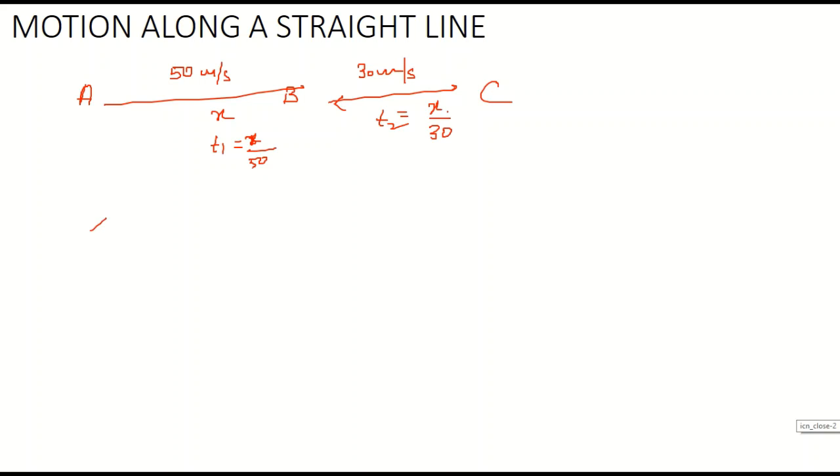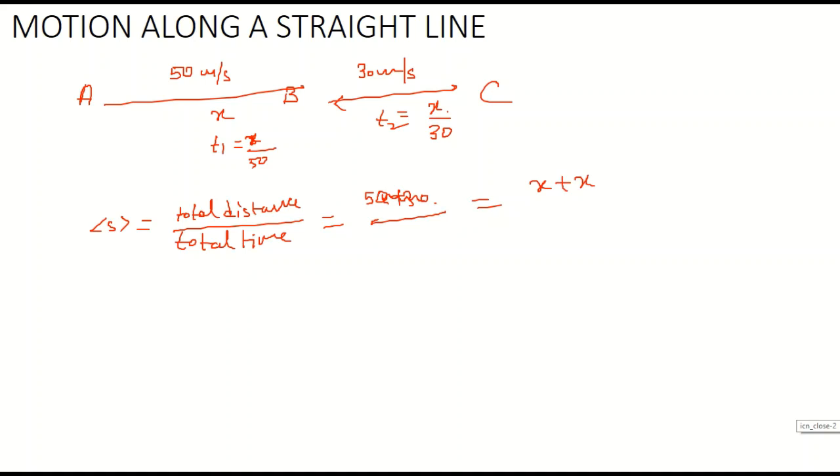So from A to C, the average speed will be total distance upon total time. Students, you can pause the video if you are feeling it a little bit speedy. The total distance is x plus x, that is 2x, divided by the time t1 plus t2.